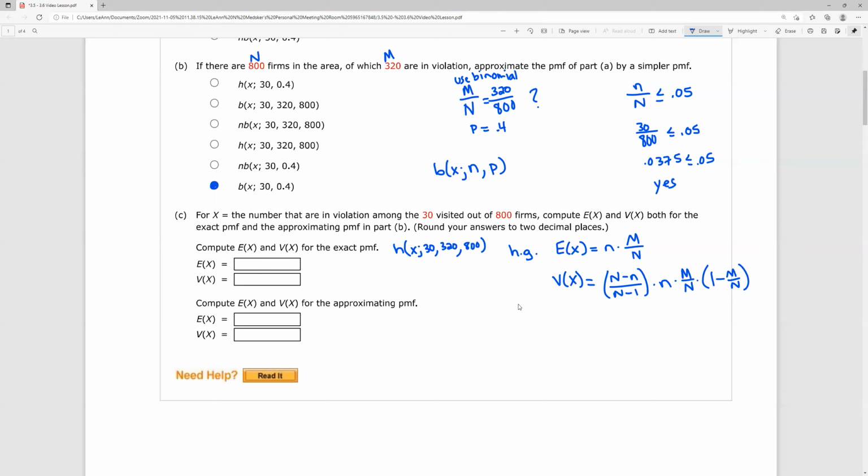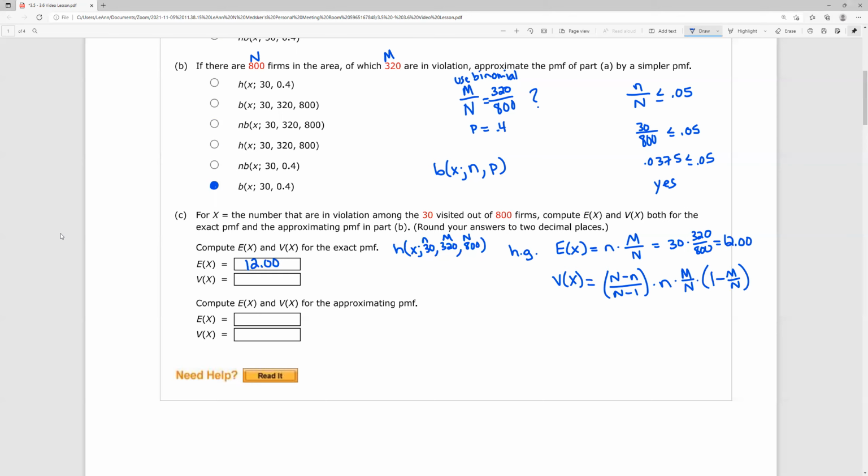So notice this is n, this is M, and this is big N. Okay, so let's plug in what we know. For this one, it's going to be 30 times 320 over 800, and that is going to be 30 times 0.4, essentially, which I believe comes out to 12. Yes, so this is 12, and they asked me to round to 2 decimal places, so I'll add 2 zeros.